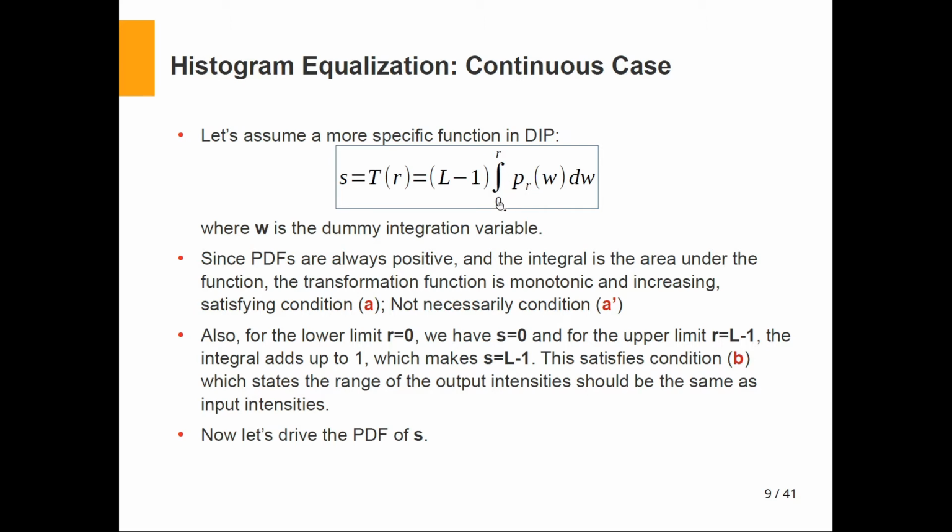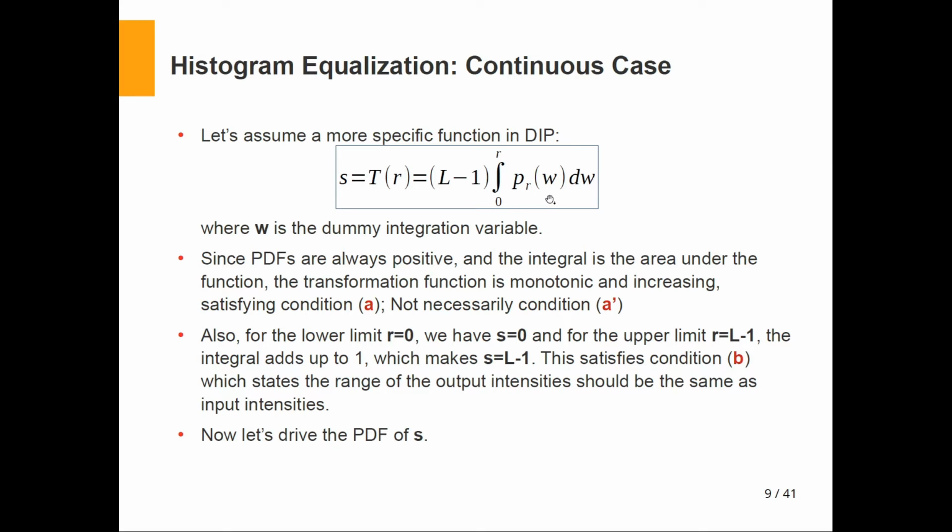Then we have this integral computed over the range from 0 to r, and inside the integral we have the PDF of the input image. As you know, PDFs are always positive, and since the integral is the area under the function, this integral is always going to be increasing when we change the value of r from 0 to its final value, which is L minus 1.